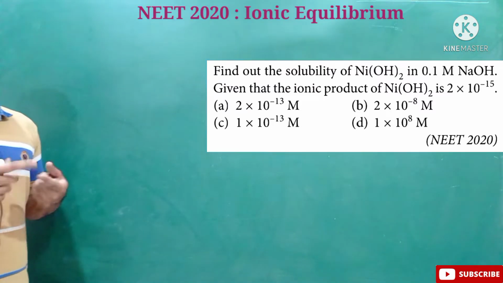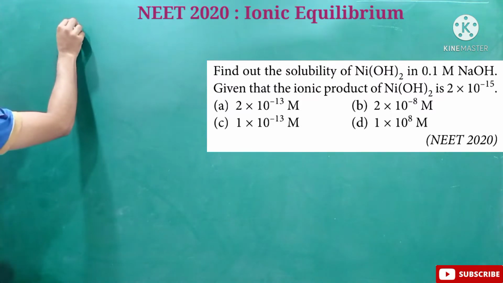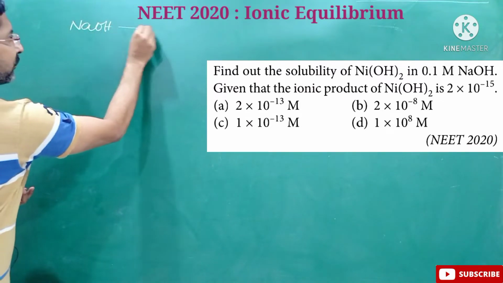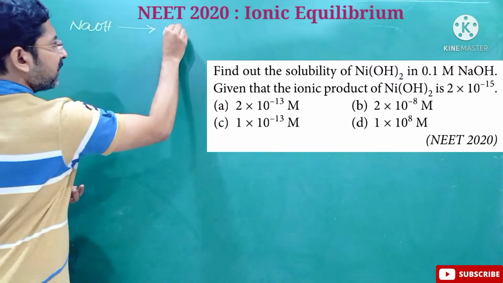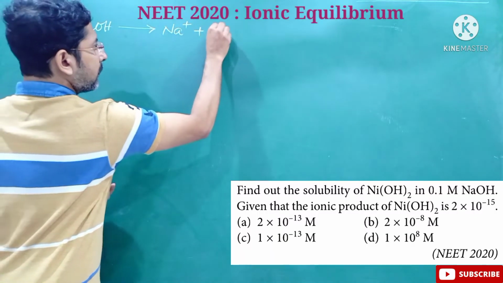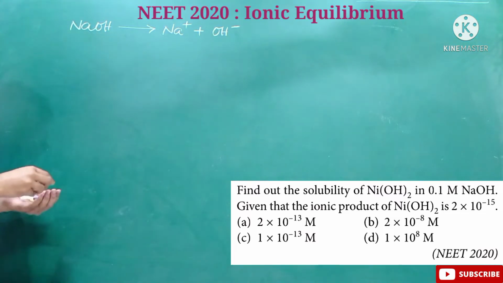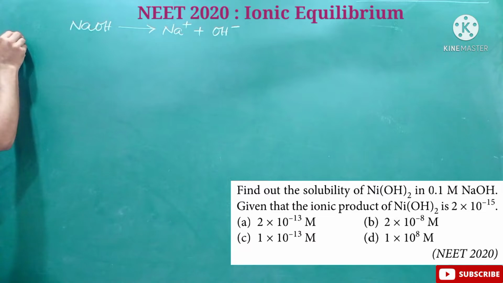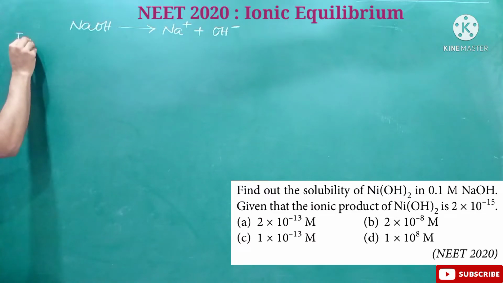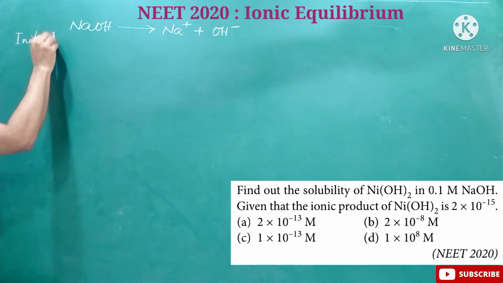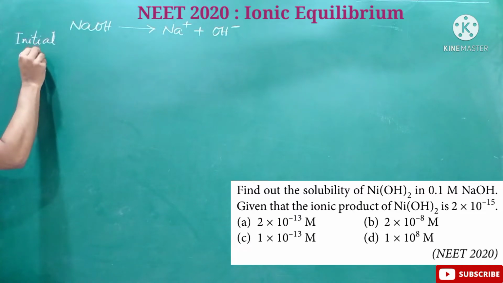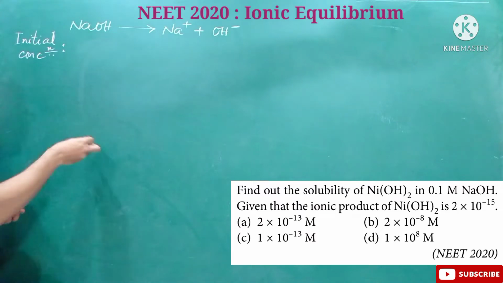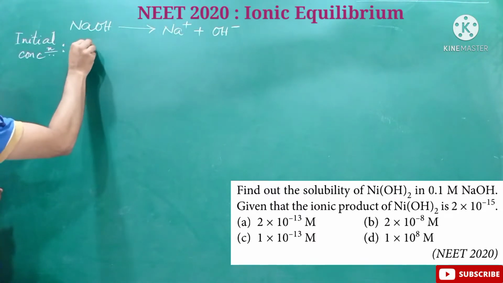Sodium hydroxide is a very strong electrolyte, so we can write that sodium hydroxide dissociates completely into Na plus and hydroxide ions. The initial concentration of sodium hydroxide is 0.1 molar.